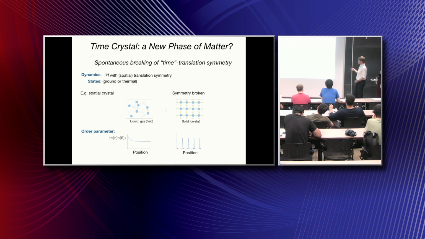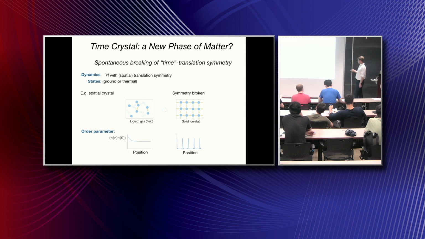If you have a Hamiltonian which has spatial translation symmetry, then the kinds of phases of matter it can have as a ground or thermal state could be either a disordered phase, like for example liquid or gas, or the ordered phase in which this spatial translation symmetry is spontaneously broken. If you have a crystal, and you know the position of one atom, then you in principle know the position of all the other atoms, like what you saw yesterday in the example of the Rydberg simulators.